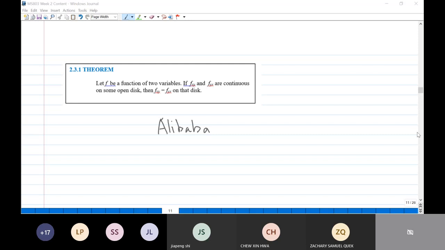Okay, so I mark for you now. So save and exit. So you can continue to mark here.